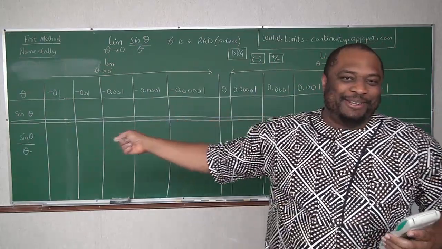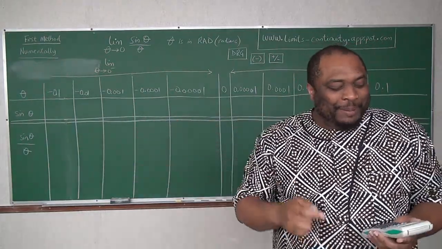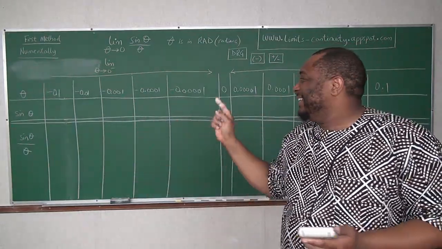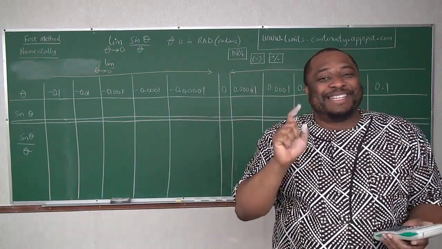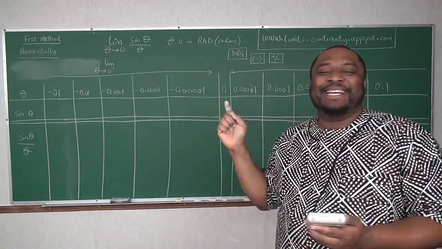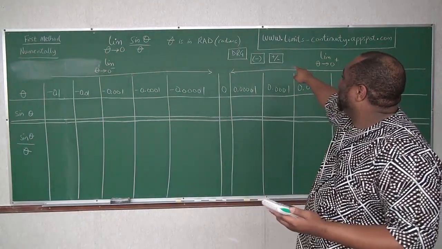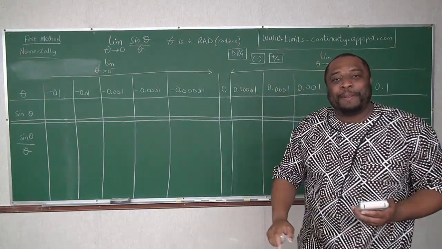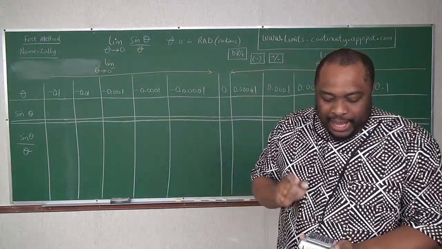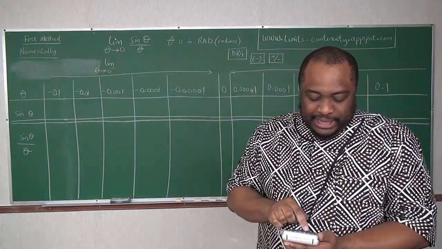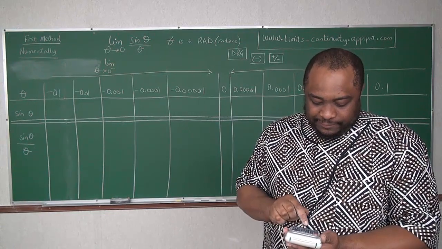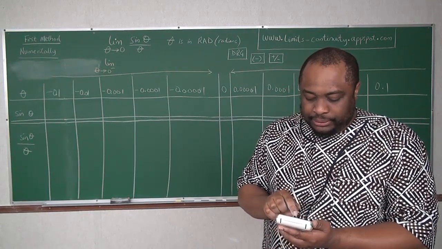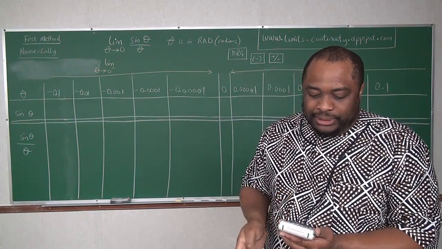I know this is minus 0.1, but don't use the minus sign; use the one that looks like this or like this. Okay? And it's good to put parentheses. So sine, parentheses, negative 0.1, equal. This is radian.